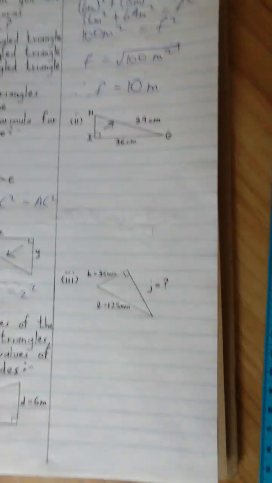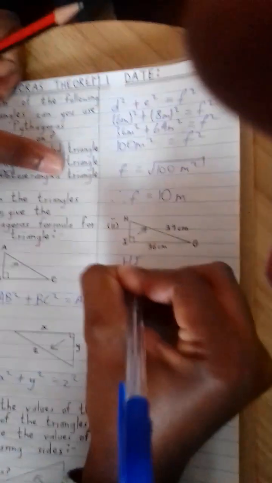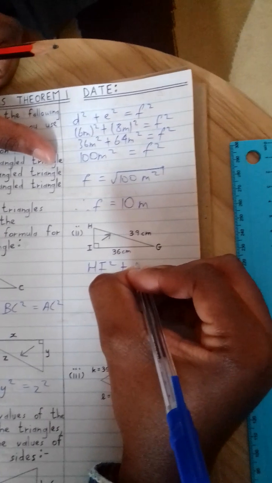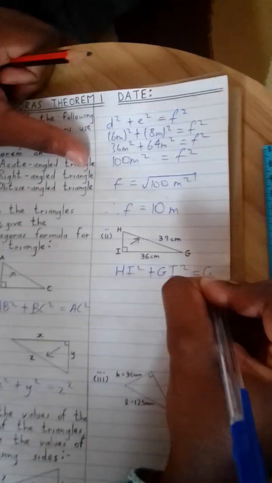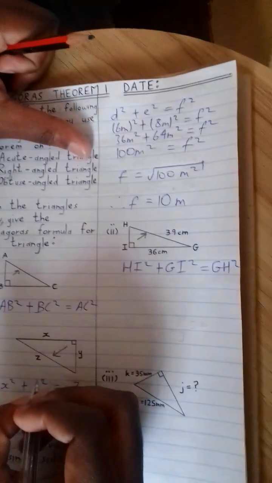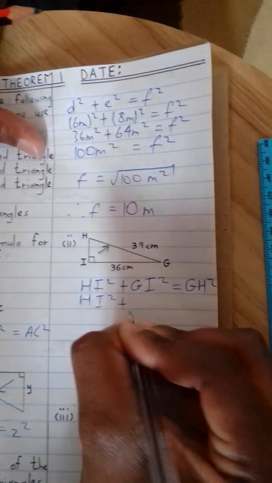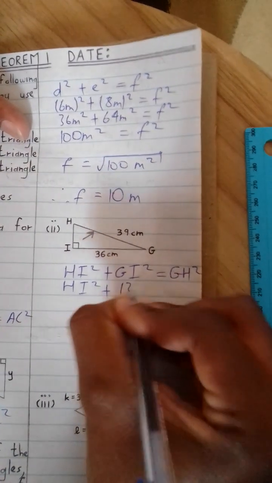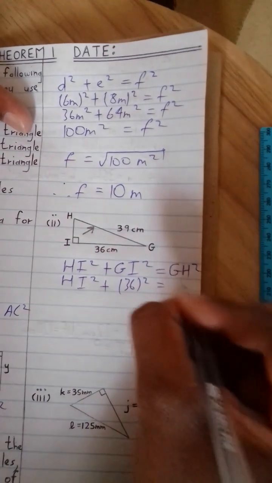So it's going to be HI squared plus GI squared is equal to GH squared. So it's just going to be HI squared plus, what's GI? 36 squared is equal to, what's GH? 39.